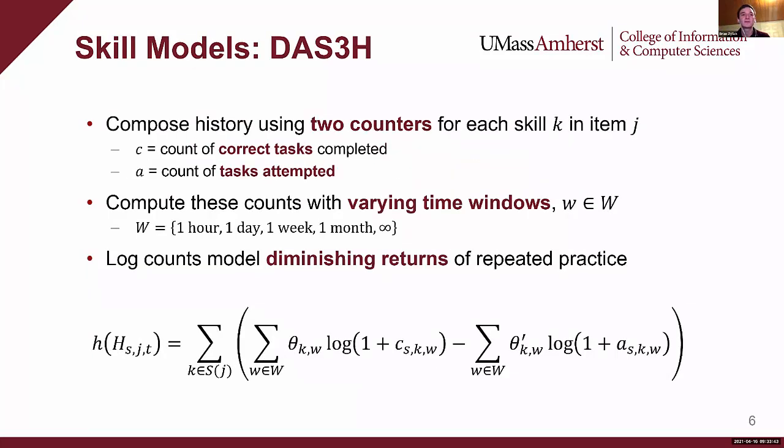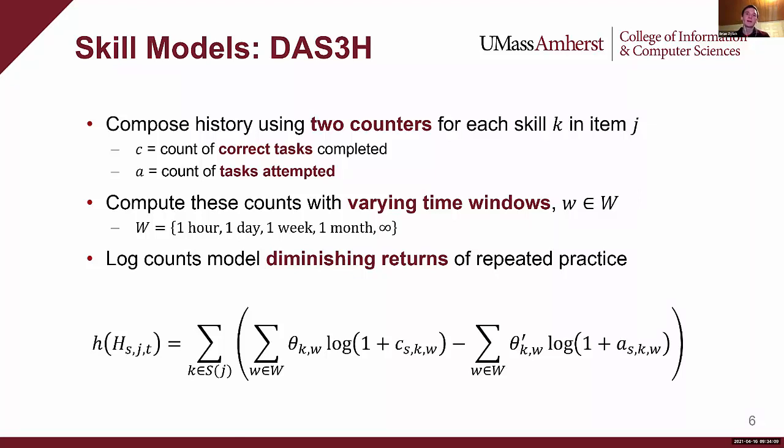This function h composes the history using two counters for each skill k in an item j. The first counter is a count of correct tasks completed of prior tasks that share the same skill k. And the second counter is a count of tasks attempted of the prior tasks that, again, share the same skill k.